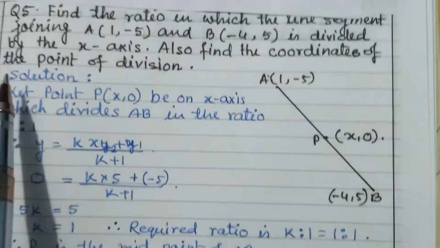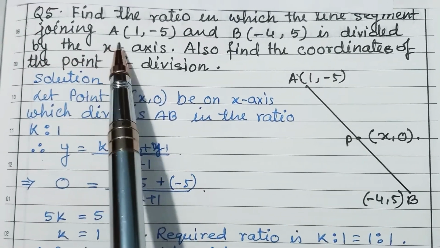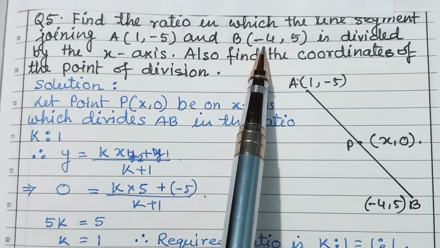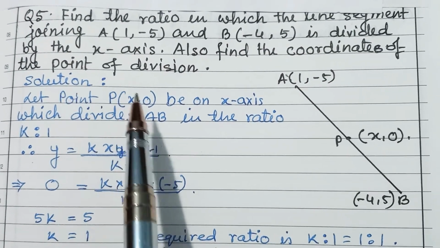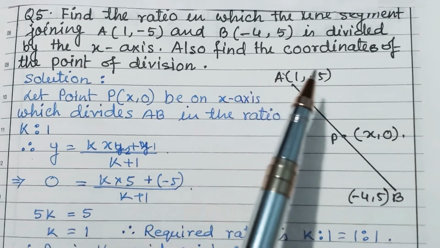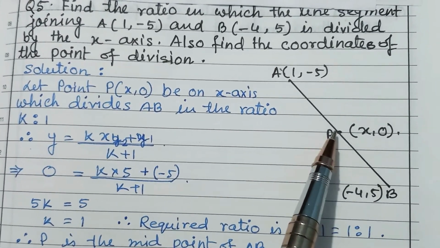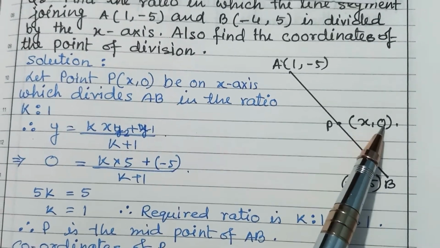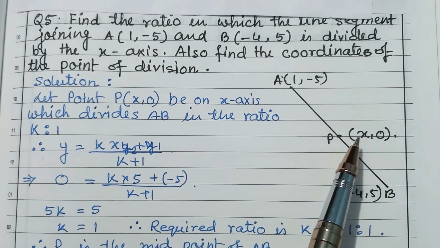Now question number 5. Find the ratio in which the line segment joining A(1, -5) and B(-4, 5) is divided by the x-axis. Also find the coordinates of the point of division. On the x-axis the point must have x coordinate x and y coordinate 0. In the previous part also we have done it this way.